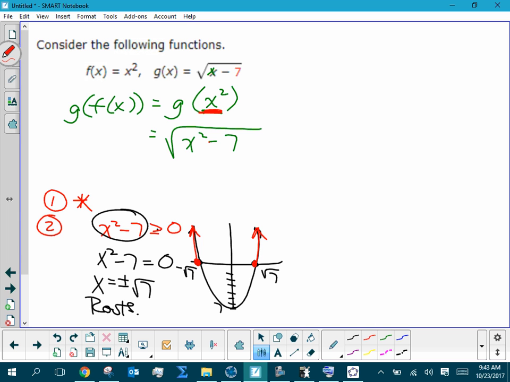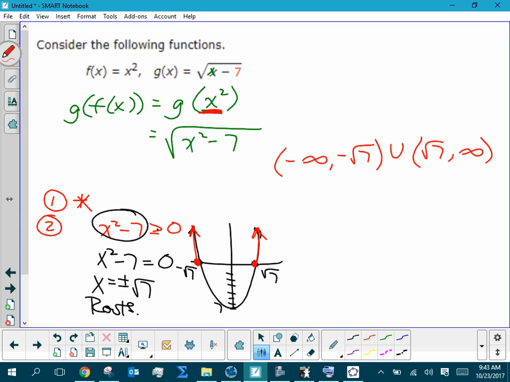X has to be to the left of negative square root of 7, and it has to be to the right of the square root of 7, which I don't think you get, and I know you don't get, and this is why we don't do it this way. X squared minus 7 greater than or equal to 0. We solve that using the square root method.